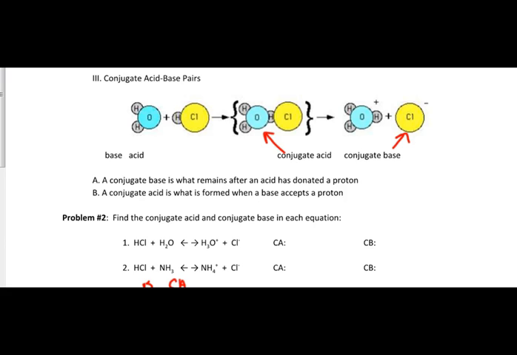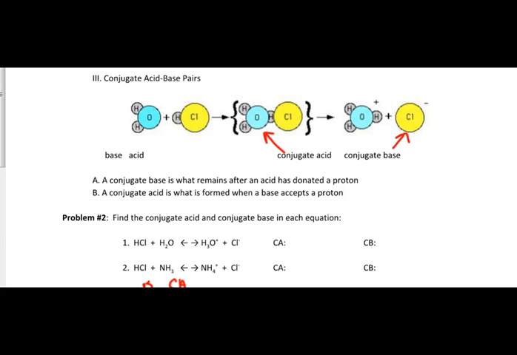A conjugate acid is what is formed when a base accepts a proton. So the conjugate acid is going to be the compound with one more proton on it. Notice that the water accepted the hydrogen from the hydrochloric acid, and the conjugate acid would be the hydronium ion. I want to bring something up here.